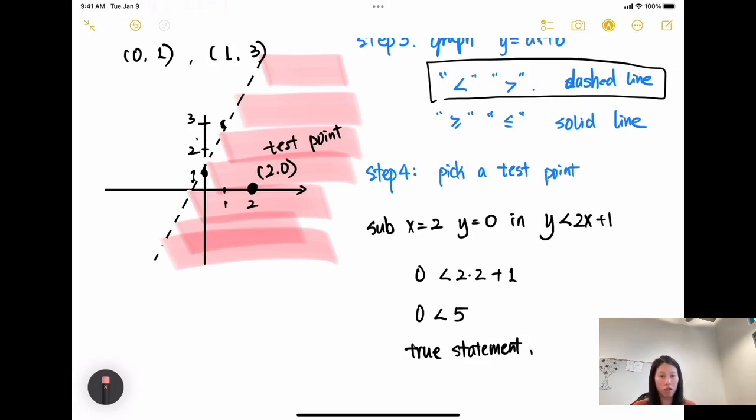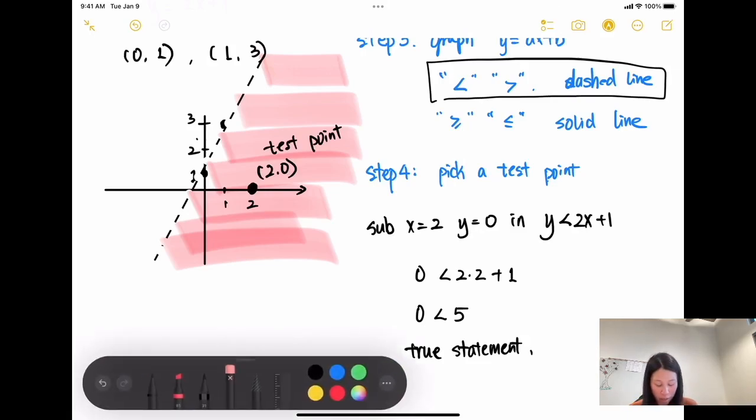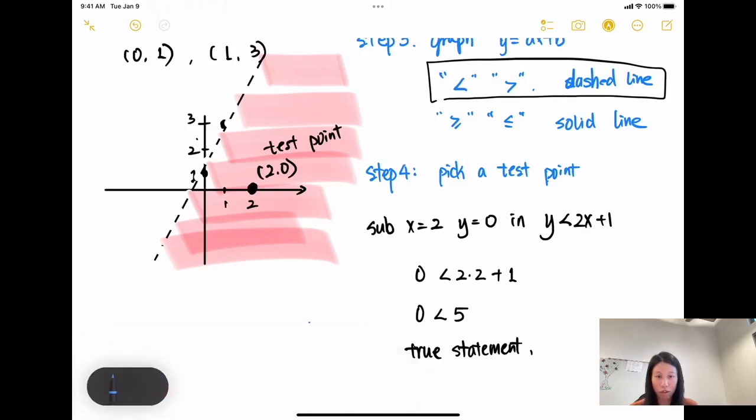So what if I choose another test point? I'm going to use a blue pen to do it. Let's say I choose the point in here. It can be any random point, as long as it's not on the dashed line, it's fine. So I choose the point 0 and 3.